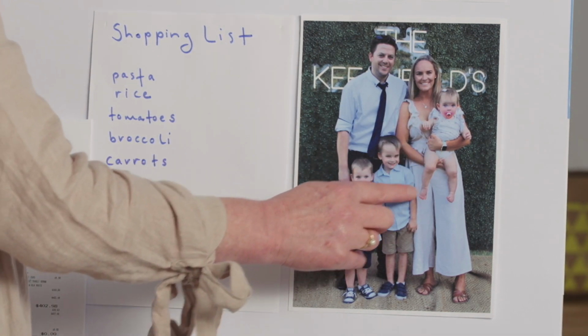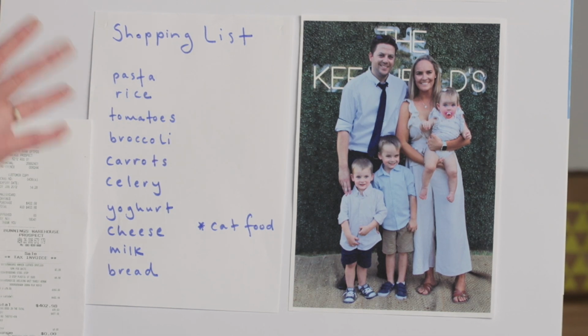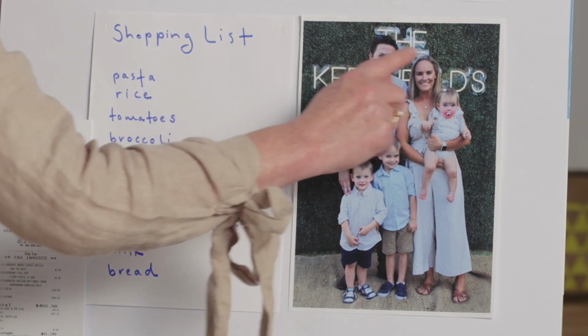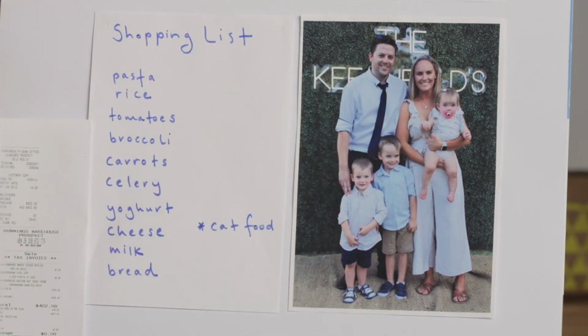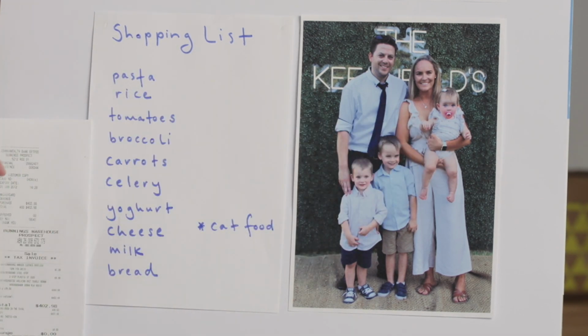I can see that we've got 3 children in this family, and I can see that 2 of them are boys and 1 is a little girl. Okay, I've got some questions about this data set too. I wonder what's written behind here. And I wonder how old these children are.